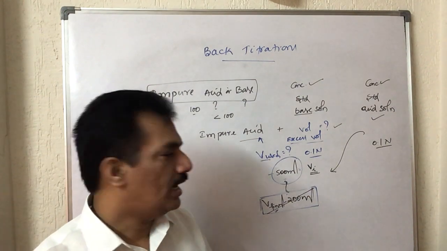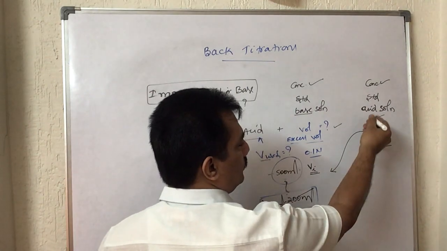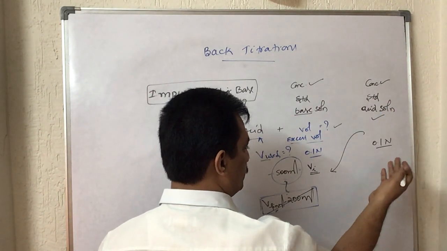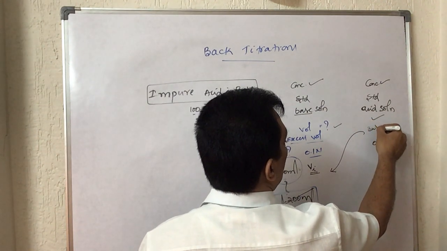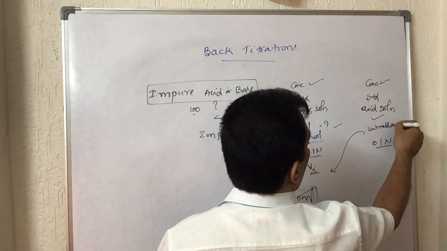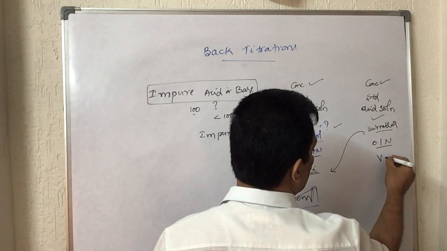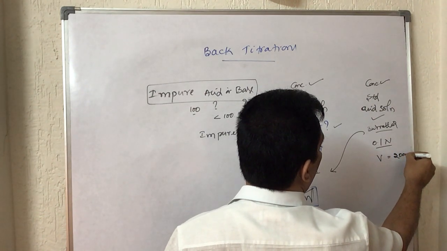Are you following? Now say for example we don't know the volume of this acid, but by titration we can consider this in the burette, and from the burette reading we know the volume of this solution. Say for example the volume of this acid used is 200 ml.